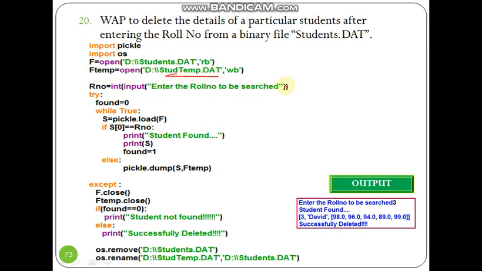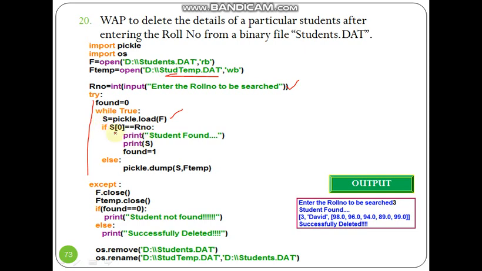Now we are entering the roll number to be deleted, and we are checking whether that roll number is there in our file using this while loop. We are using a found variable, making it 0, and a while True loop, and each time we are reading each student detail into S.